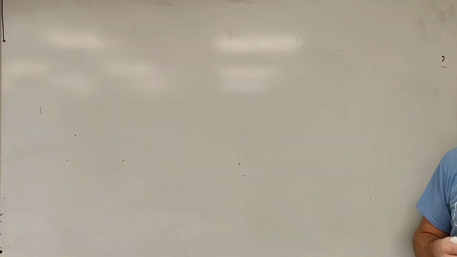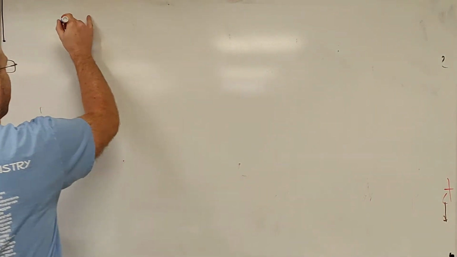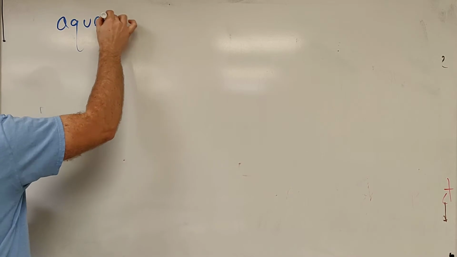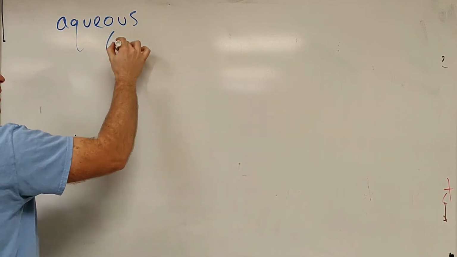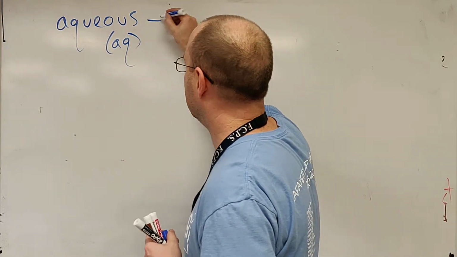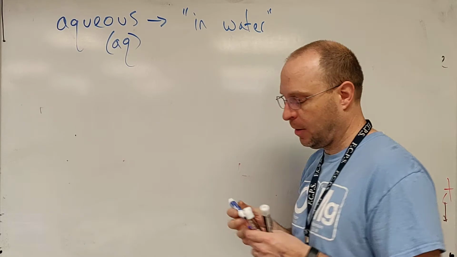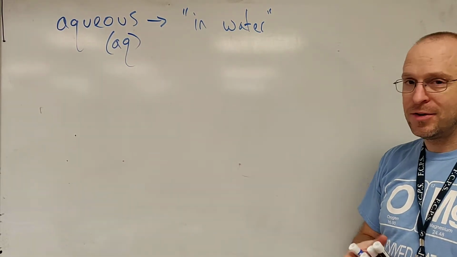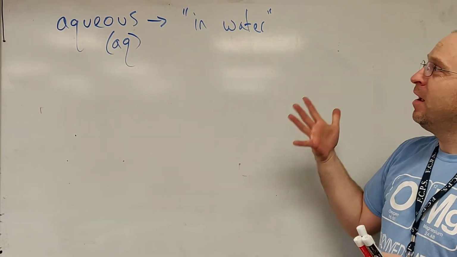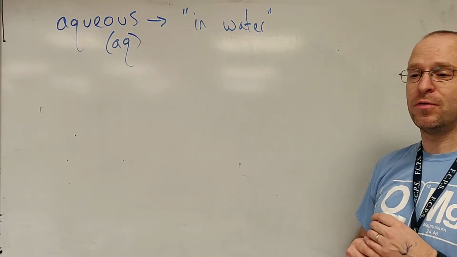So when you look at the word aqueous, I think most people, it's pretty intuitive to say aqua, there's water involved, right? So aqueous, and as we abbreviate that, that has AQ for its abbreviation. When you have something that's aqueous, it literally is in water. And there's a couple different ways we can think of this, and there's an important distinction that I want to make. In water generally refers to dissolved in water.